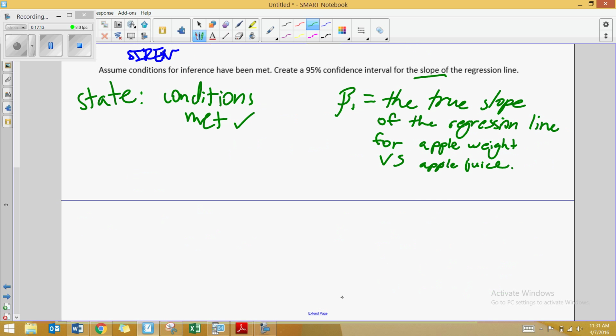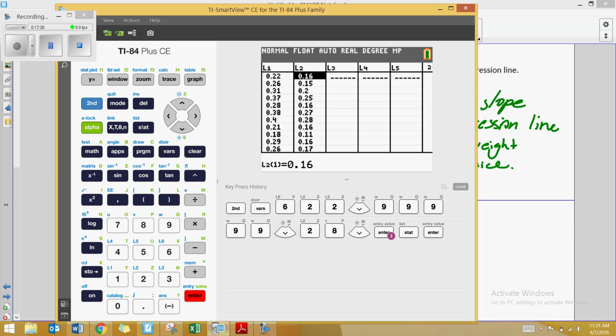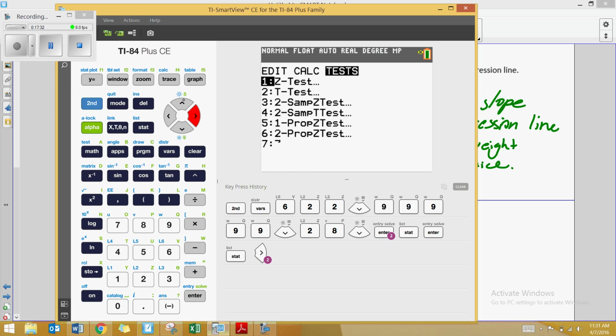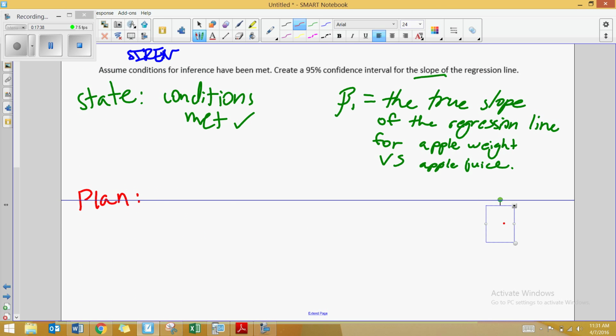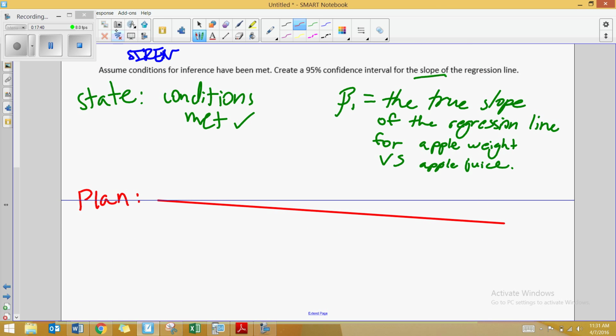All right, now that we've stated all that, we're going to plan, and plan just really means tell me what you plan to run in your calculator, or what inference method you plan to use. Well, this is an interval with linear regression, so again, you can just check out stats tests to figure out, is it a test or is it an interval? Well, it's a LinRegTInterval, so that's what we'll put.